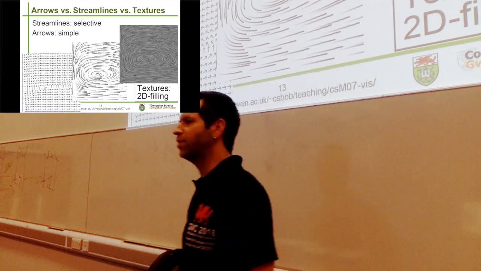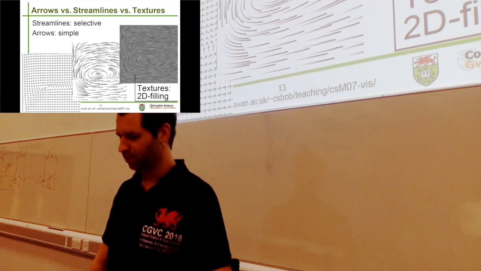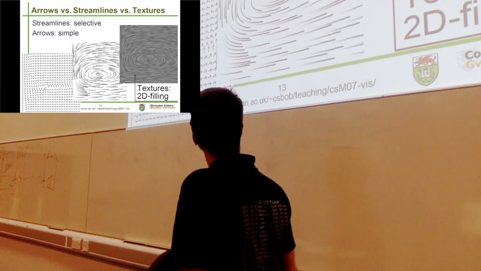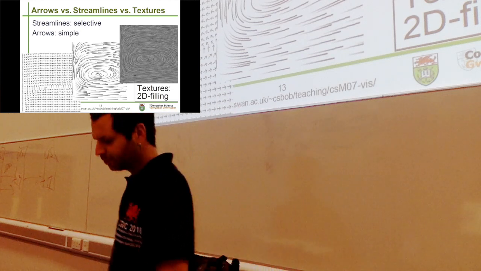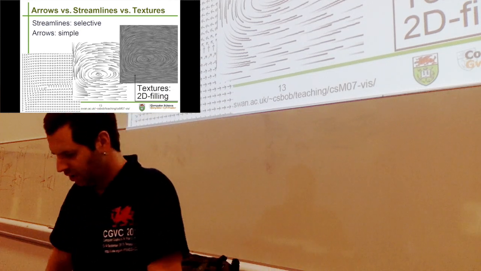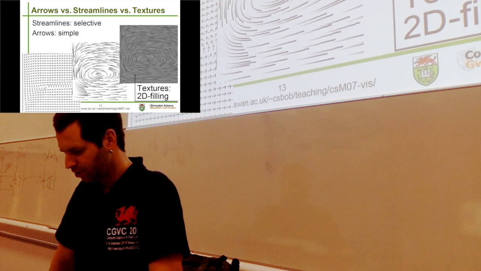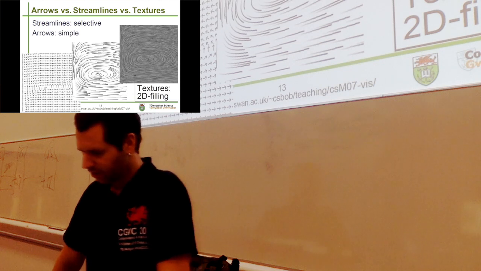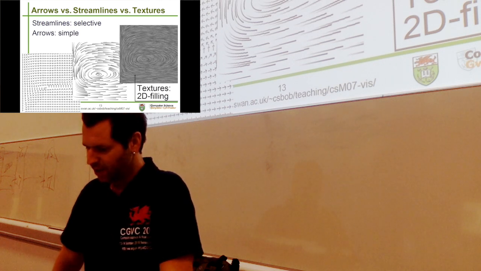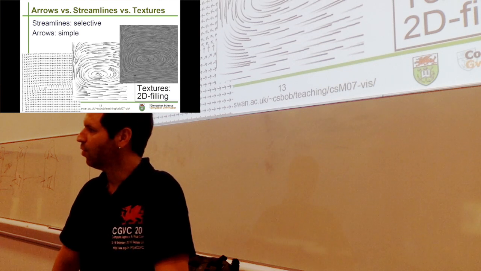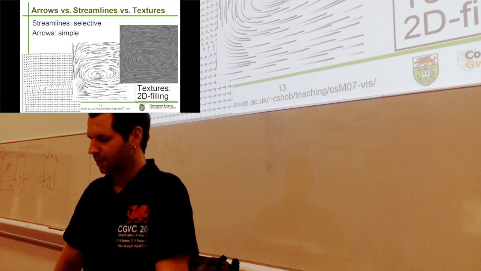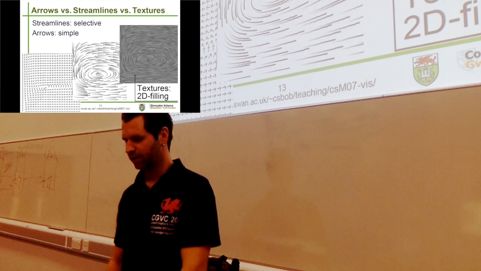They're in order of popularity, really, because the arrows are the most popular, followed by the streamlines. You don't see texture-based flow visualization as much as the other two classes of techniques, because the implementation is a little bit more difficult.